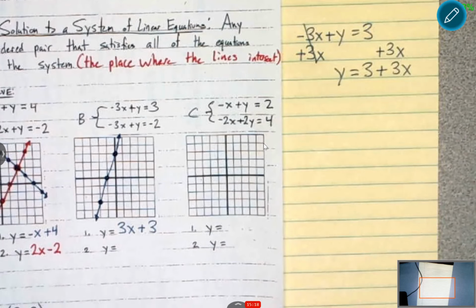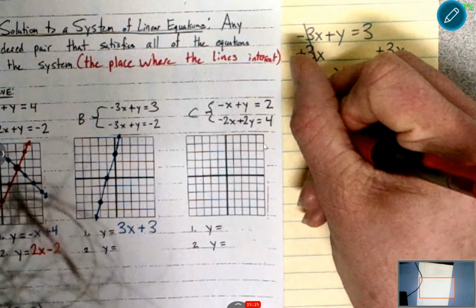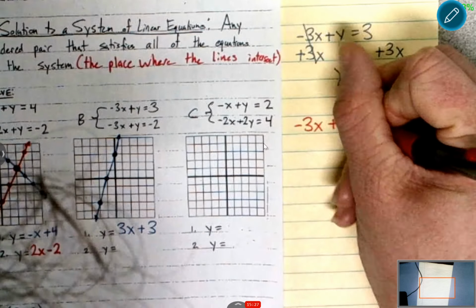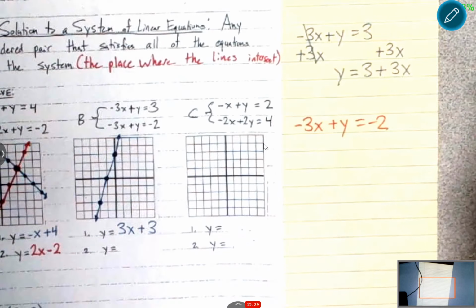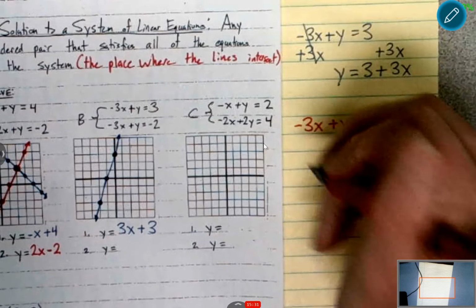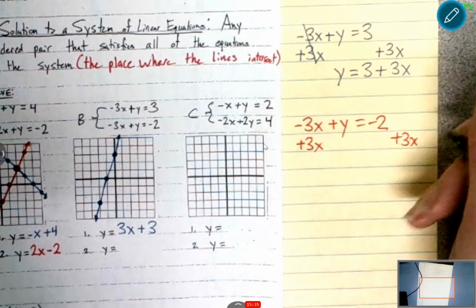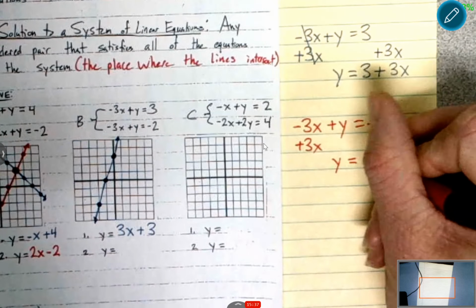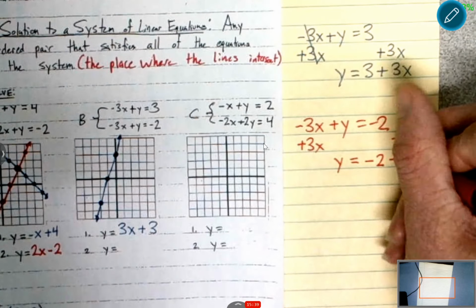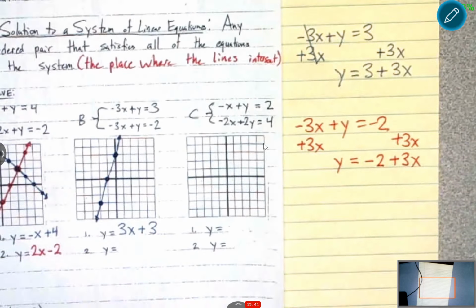And now I'm going to do the second one. And maybe you notice the first step to rewriting this equation in slope-intercept form is the exact same. Add 3x on both sides, and I get y equals negative 2 plus 3x.